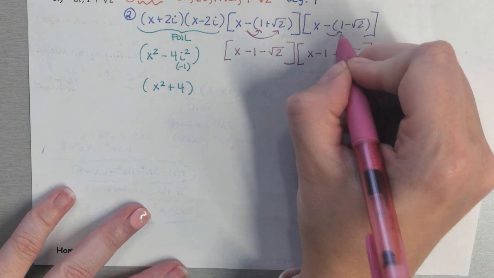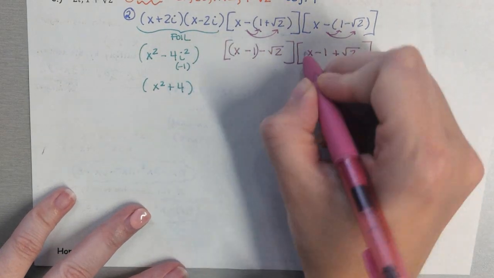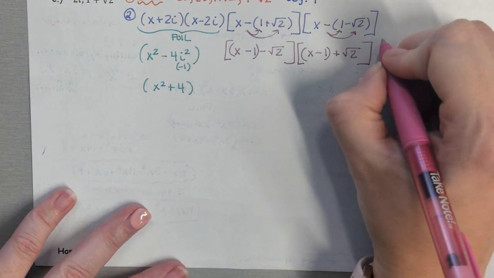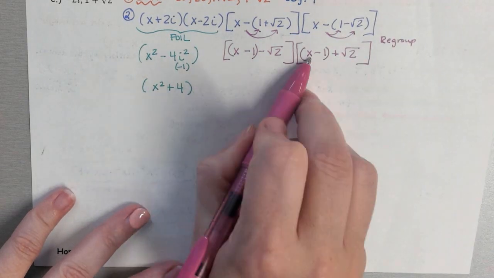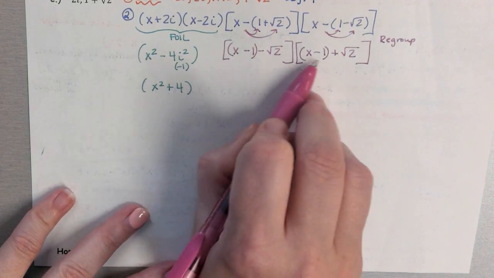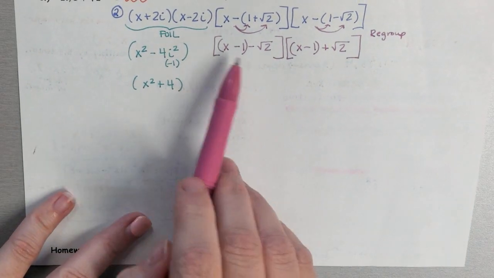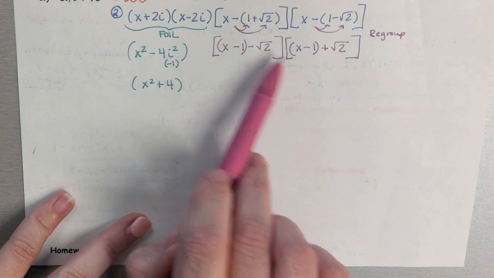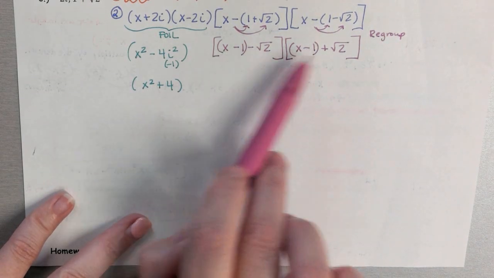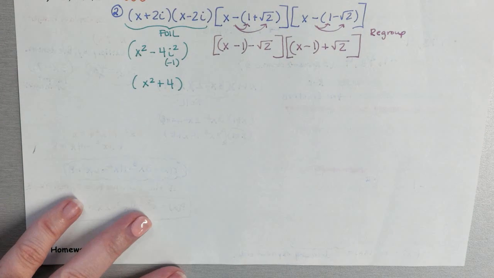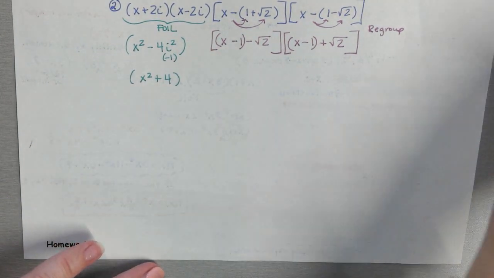Okay, so we distributed the negative. We regroup, and if you've done this correctly, when you do the regrouping, these two should be the same, x minus 1 and x minus 1. And you can see, this is x minus 1 minus root 2, x minus 1 plus root 2. These will be the same. These should be opposites. Okay, and then we're going to FOIL these two together.